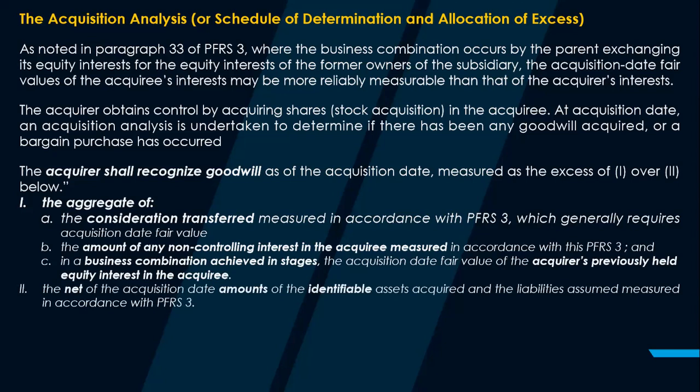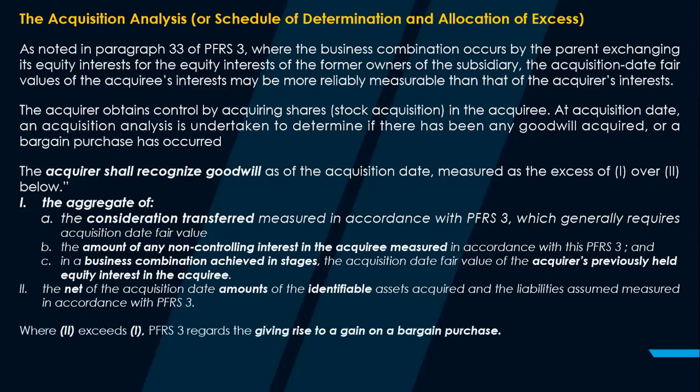2: the net of the acquisition date amounts of the identifiable assets acquired and the liabilities assumed measured in accordance with PFRS 3. Where 2 exceeds 1, PFRS 3 regards this as giving rise to a gain on bargain purchase. There will be goodwill if number 1 exceeds number 2.